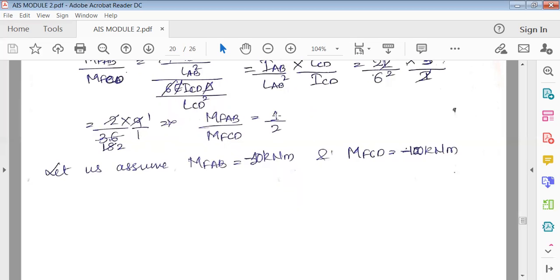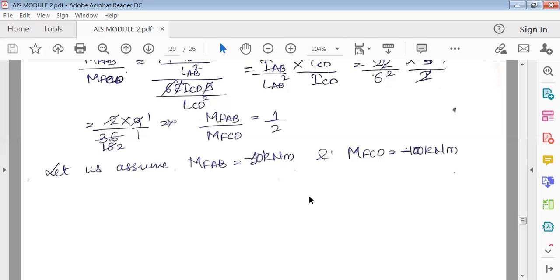So to increase the steps and get the accurate value, we take a factor. If MFAB is 1, MFCD should be double that. If you take this as 10 kilonewton, this will be 20. If you take 100 kilonewton, this will be 200. The choice is yours, because you are going to assume these; you don't know exactly what the moments are. That's why you need to keep it in the form of a ratio.